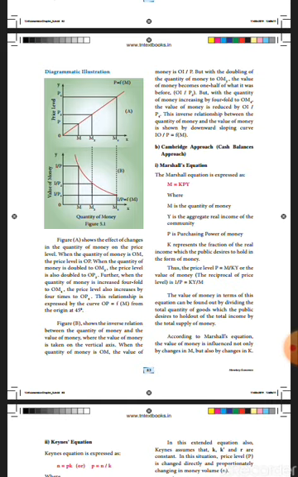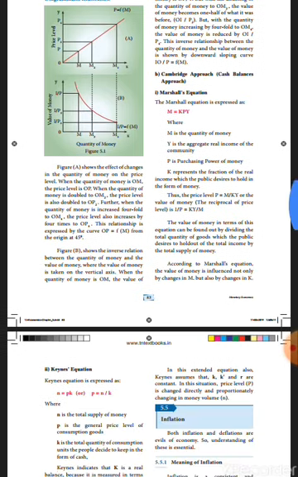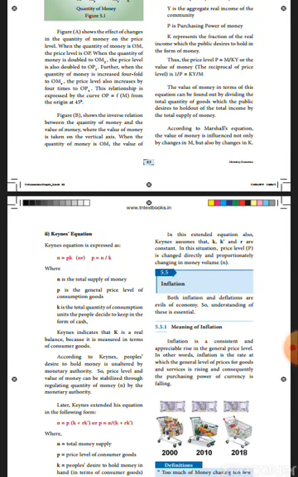Now, next one. Take the next one, the Keynes equation. The equation is N is equal to PK, or we can write it like this also, P is equal to N by K. In this, N refers to total money supply.